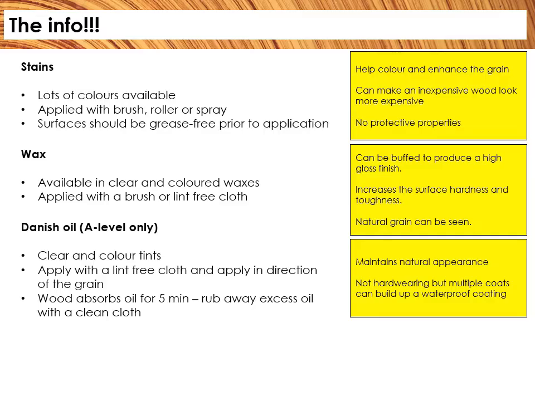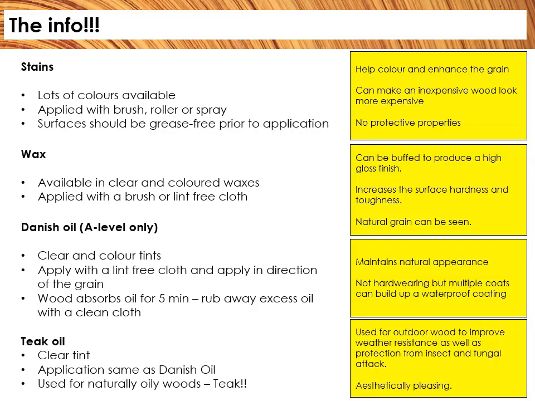Again, this is a really, really easy one to apply. It's literally just put it on and the wood absorbs it within about 5 minutes, and you rub off any excess. If you wanted it to be more of a waterproof coating, you need to add multiple coats to the material. Again, it's not the most hard wearing, but it does enhance the natural appearance of the timber.